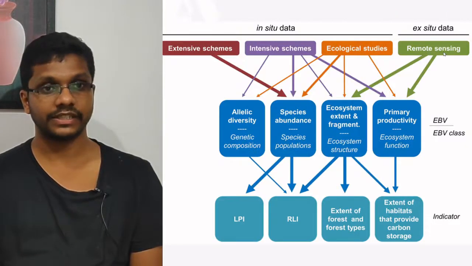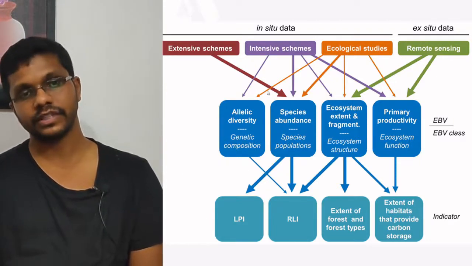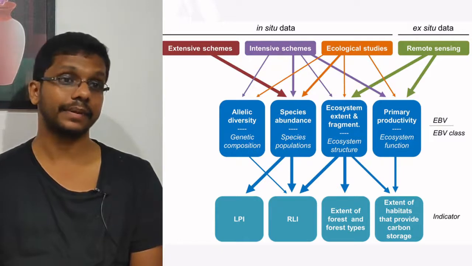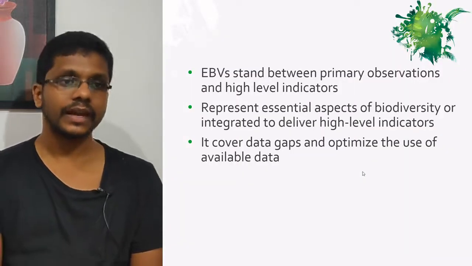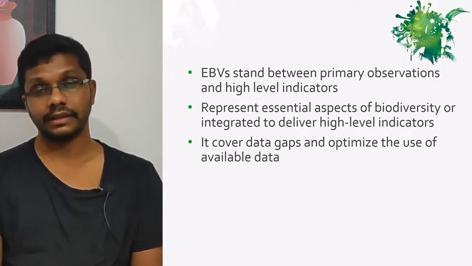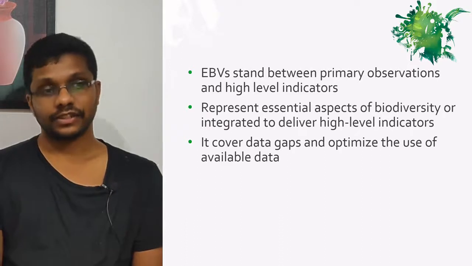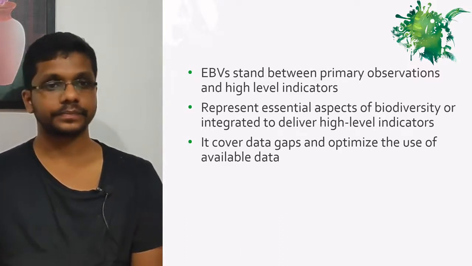This is the primary observations, these are the indicators. In between we have EBVs. Only using EBVs can we integrate the primary observations into indicators. It represents essential aspects of biodiversity, integrated to deliver high level indicators. It covers the data gaps and optimizes the use of available data.